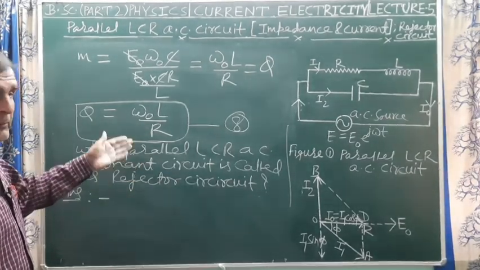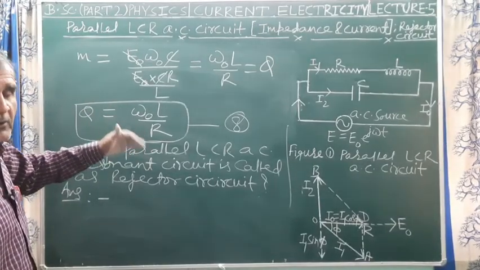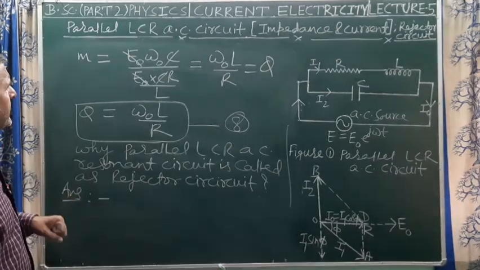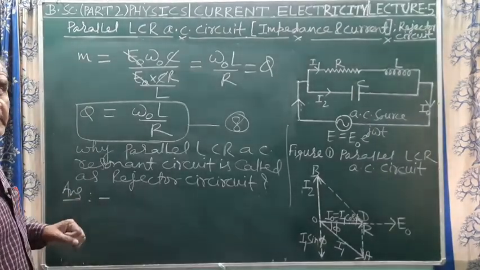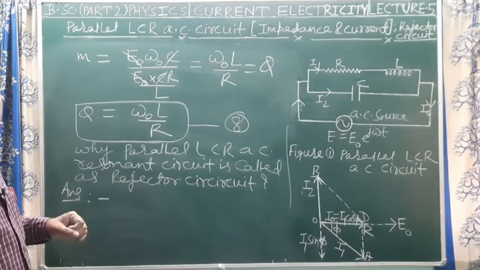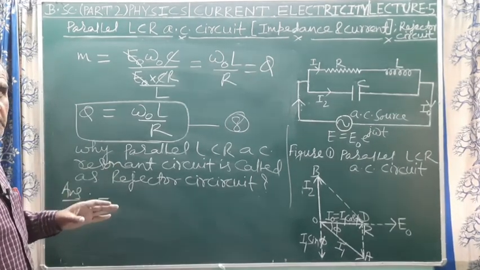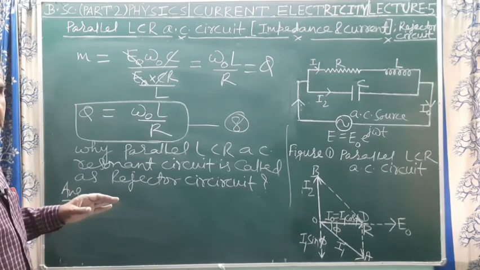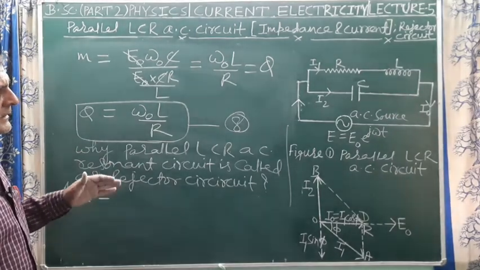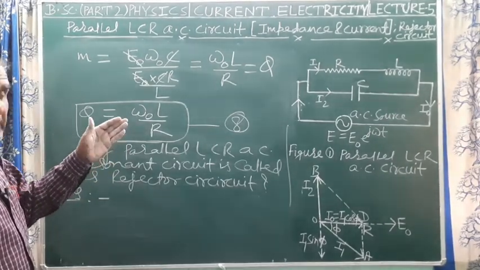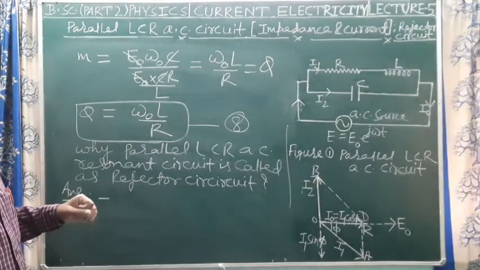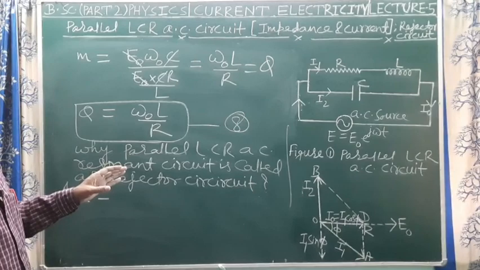Since from the formula for makeup current I naught, we have obtained I naught proportional to R. So at resonance, the parallel LCR AC circuit suppresses that current, out of many currents, for which the natural frequency of the AC supply is equal to the resonant angular frequency.